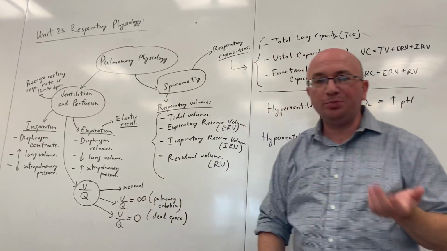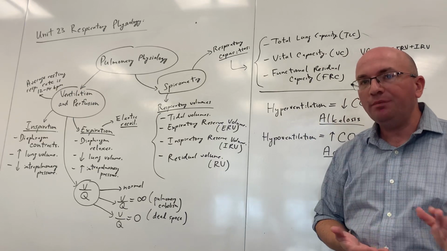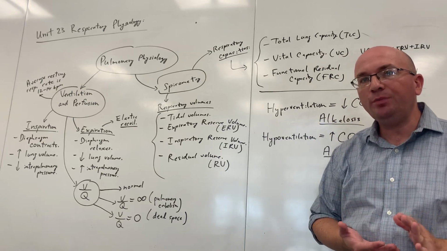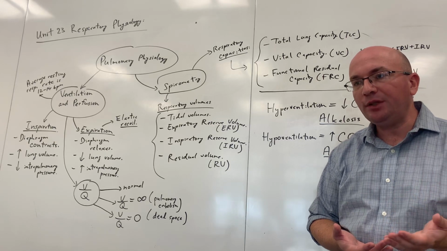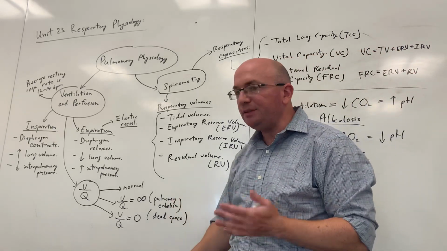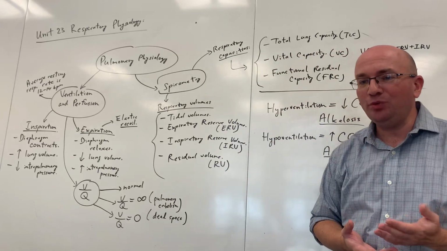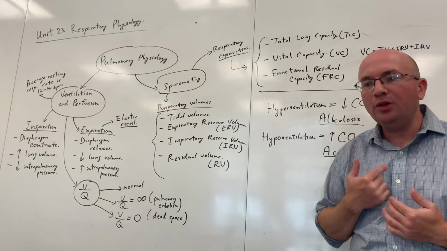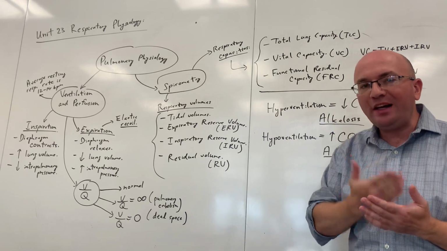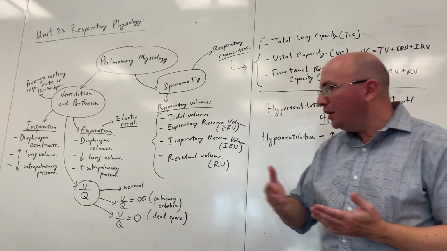But Q, which is perfusion, somehow has been blocked. Maybe there's a blockage in one of the pulmonary blood vessels, right? This is what happens sometimes, something called, again, PE or pulmonary embolism. An example would be deep vein thrombosis that has dislodged and now has migrated through the body to the lungs, causing that blockage. If that occurs, what happens?